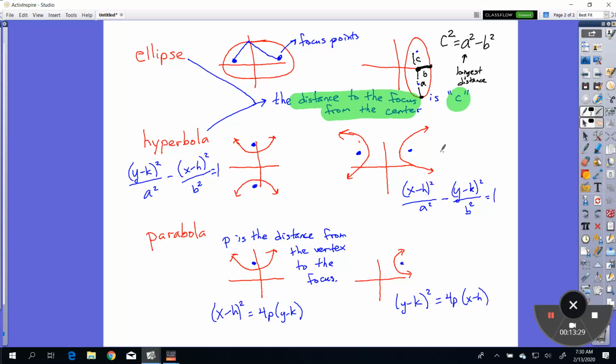So on a hyperbola, it's different. On a hyperbola, it is just Pythagorean theorem. So a squared plus b squared equals c squared. Now on a hyperbola, it's kind of funky, but we'll end up drawing a little rectangle, and we get these dotted lines, and that's the a and the b.